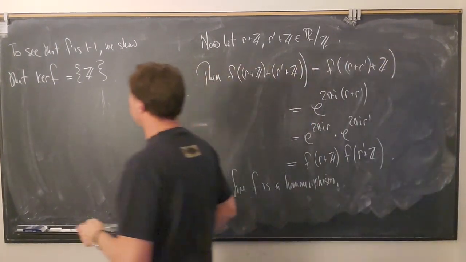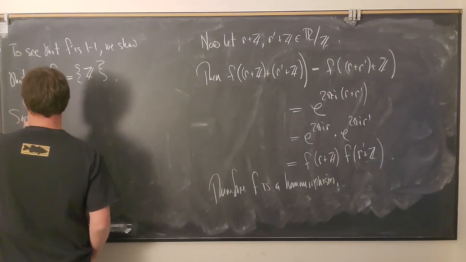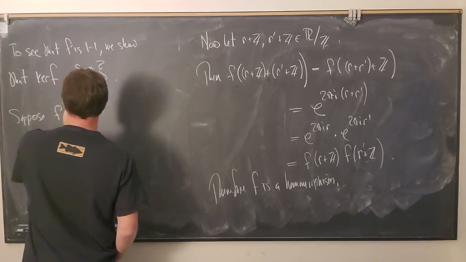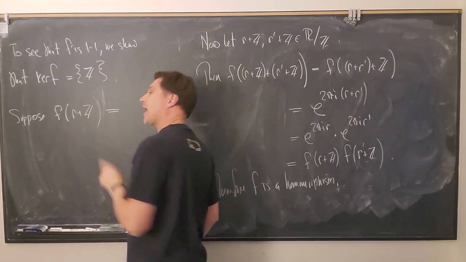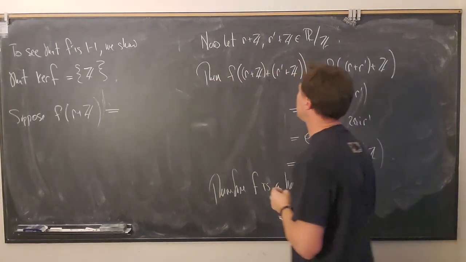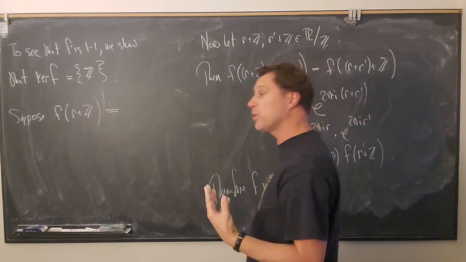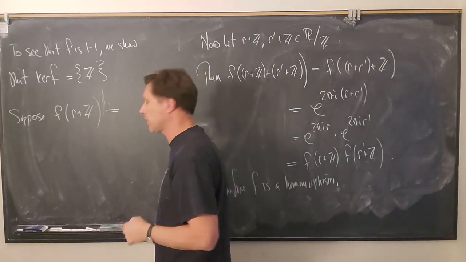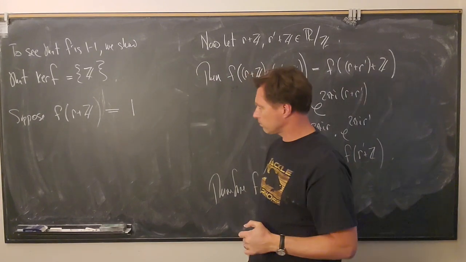Okay, so to do that, let's suppose F of R plus Z is equal to the identity. Okay, so who's the identity in U? Remember, U is a subgroup of the multiplicative non-zero complex numbers. In other words, the identity is equal to 1.